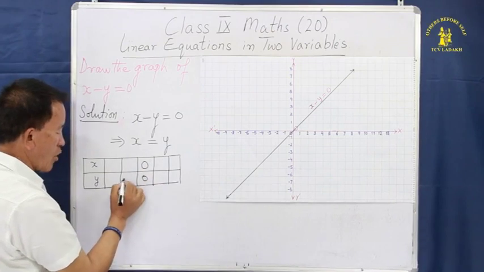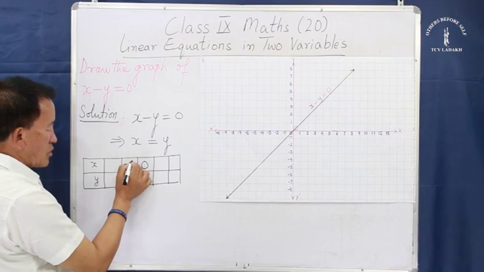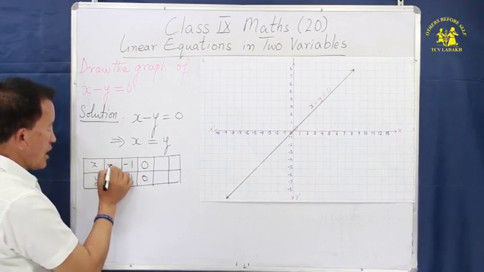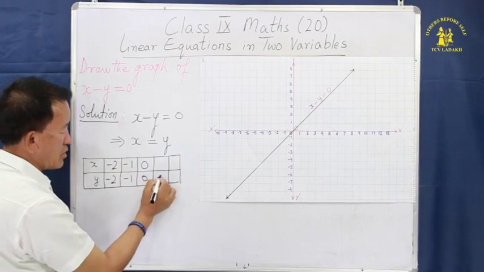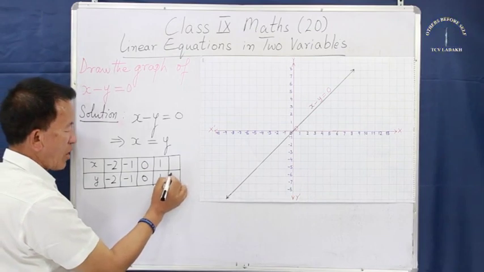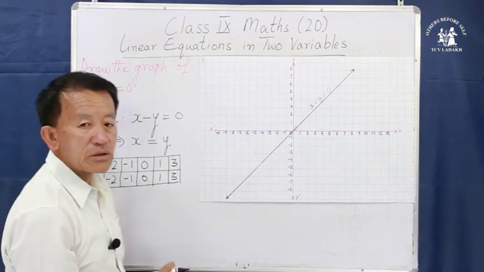Y is equal to minus 1, x is also equal to minus 1. Similarly, y is minus 2, x is also minus 2. Then if we take y is equal to 1, x is also equal to 1. Y is equal to, say, 3, x is also equal to 3.